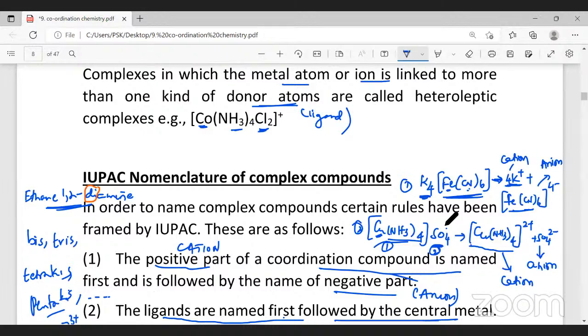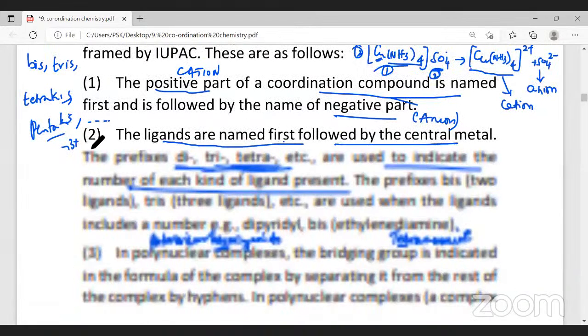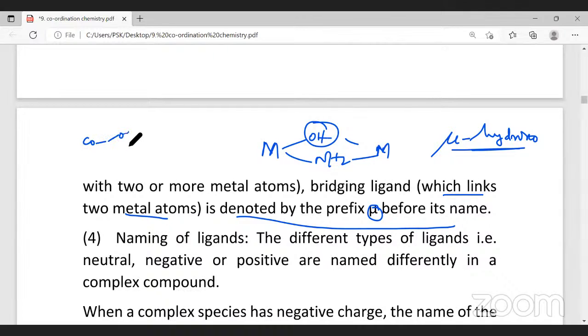Now I can take cobalt and OH and cobalt, like this, so this will be called a bridging ligand. Bridging ligands are bonded to 2 or more metal atoms. When a ligand is bonded to 2 or more metal atoms, it is called a bridging ligand.